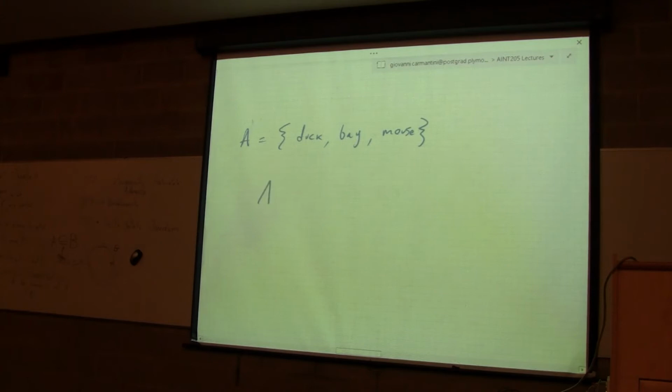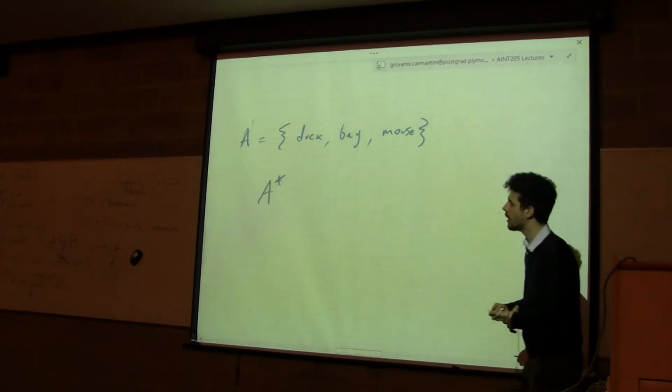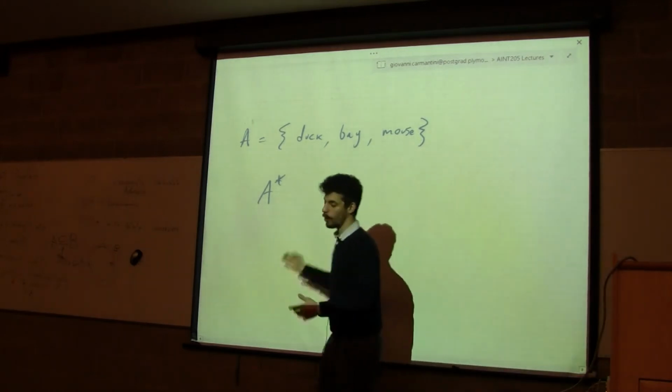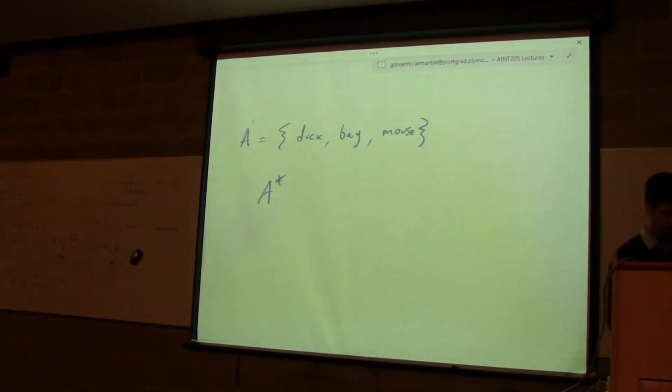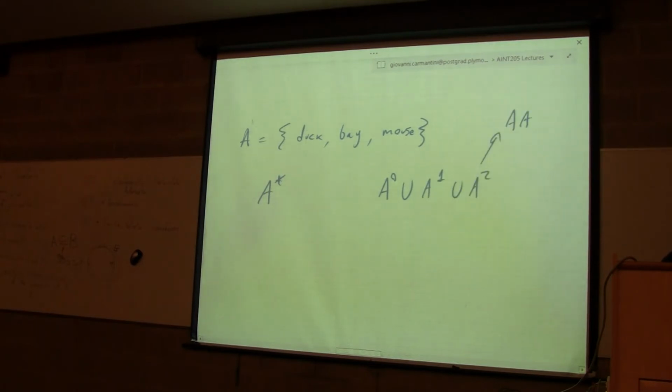Last one, Kleene star. The Kleene star means, well, I write down the definition. A0, A1, A2, where this means AA, A3, and so on.